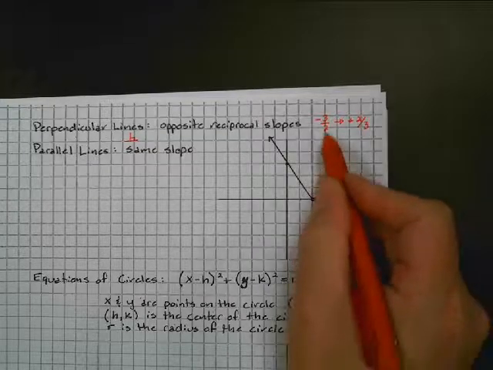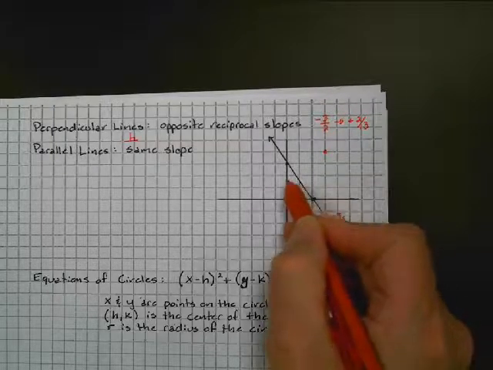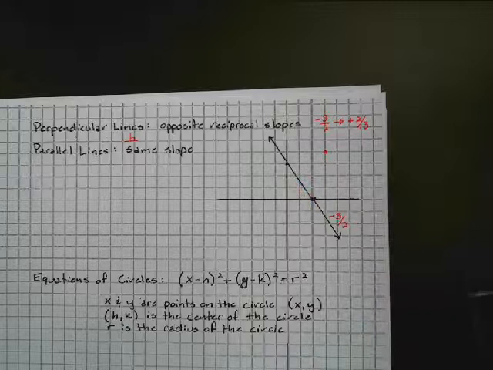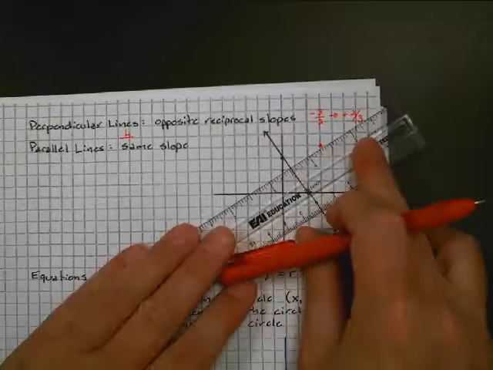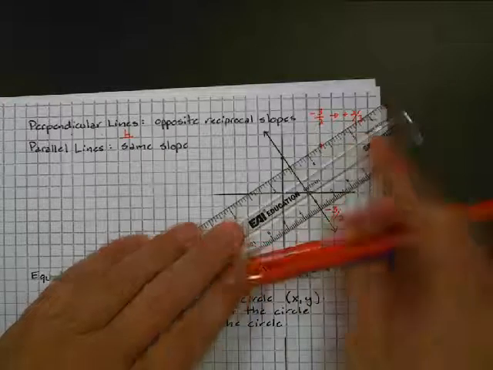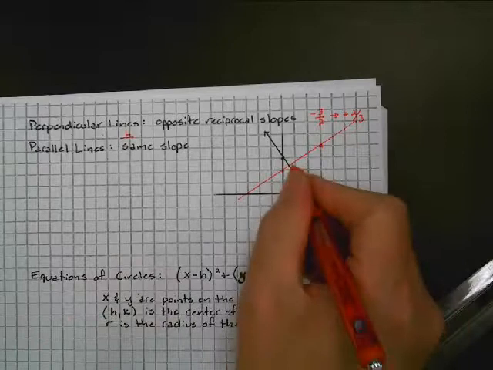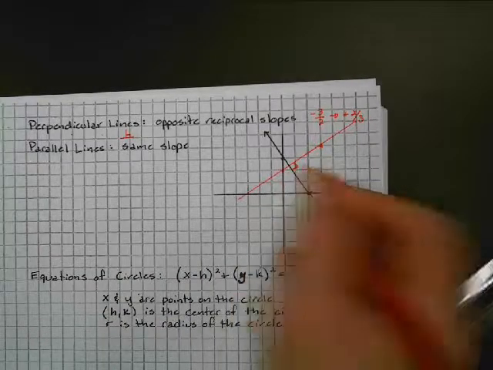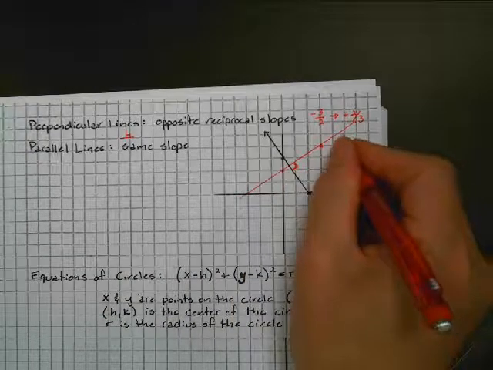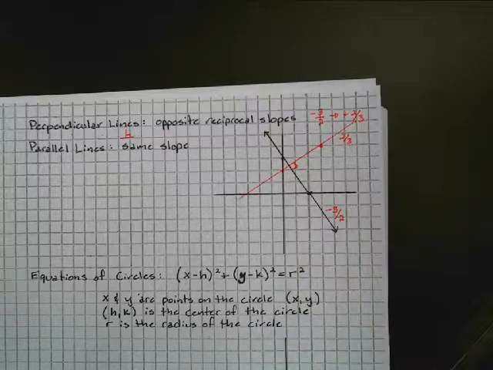So that means up 2 and over 3, or I can go down 2 and backwards 3. And now we have the line that's perpendicular. That is a perfect 90-degree angle right there, because this one had a slope of 2 over 3, and this one has -3 over 2.